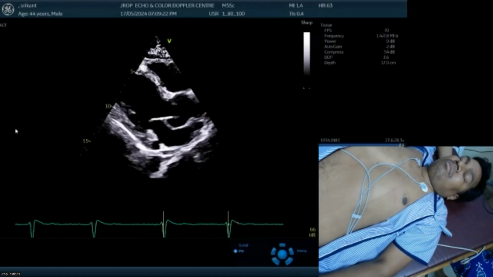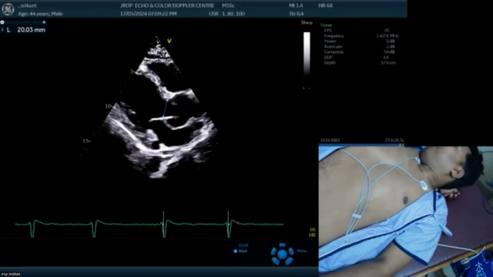This is one leaflet over here, this is the second leaflet over here, and the point where the two leaflets join together is known as the hinge point. If you join those two points, that's your LVOT diameter. In fact, this is the annulus, so just measure at that level, and that will be fine for the LVOT diameter.